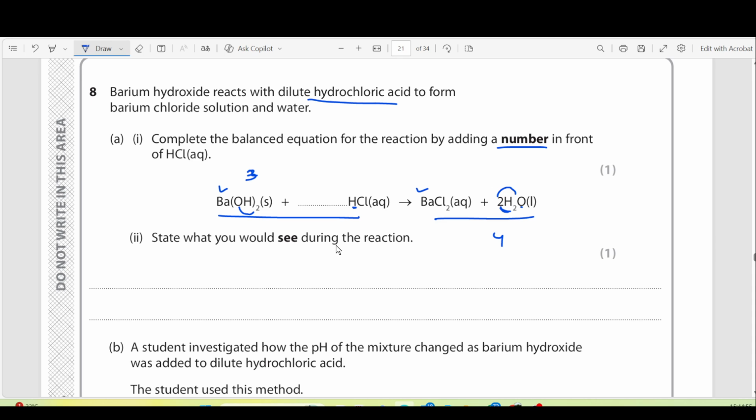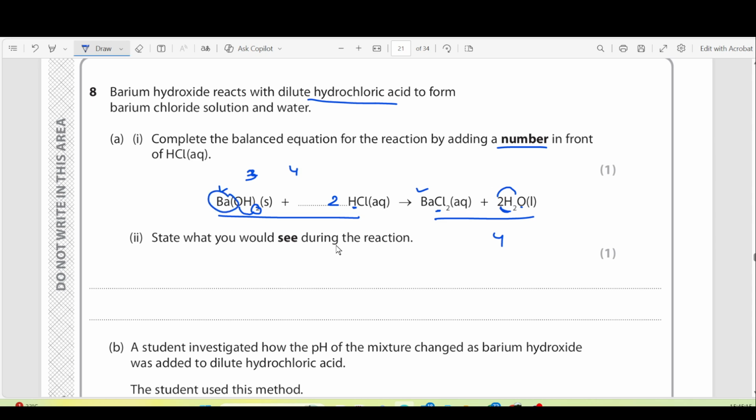What we can do is put 2 here, so hydrogen on this side will become 4, right? And now we can even see chlorine is 2 and 2, so we just need to put 2 here, and now our equation is balanced.